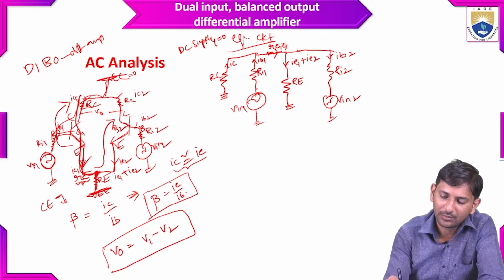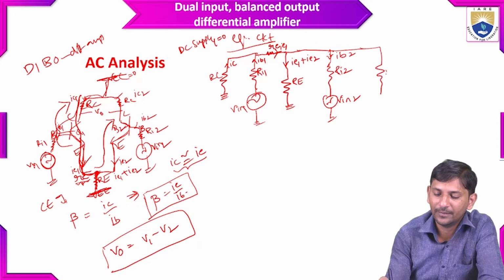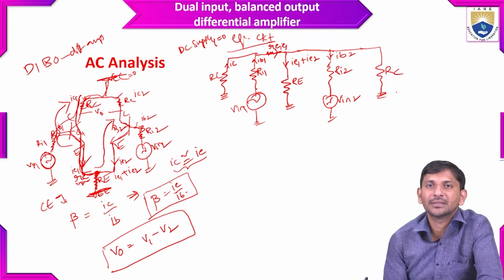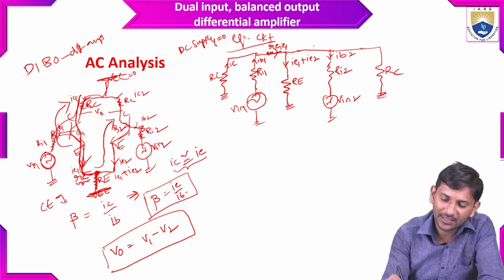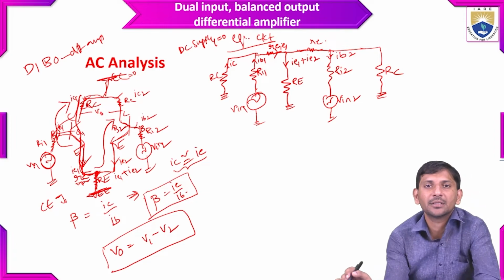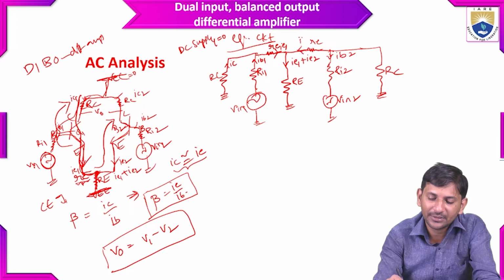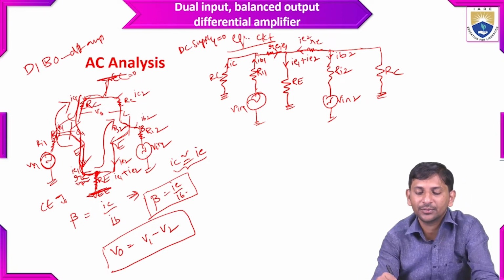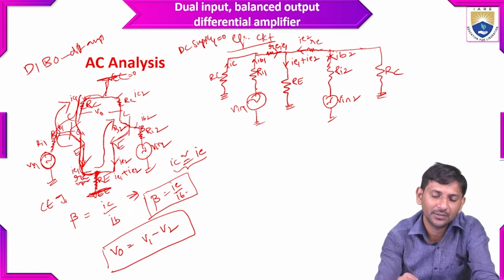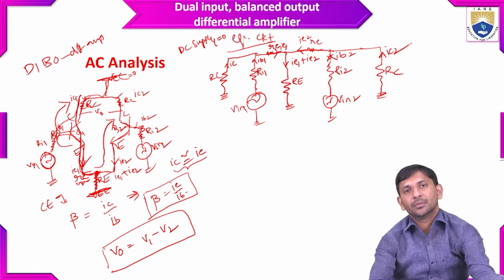Then it goes towards the collector pin, same as the collector pin, which is RC, and towards VCC it becomes ground because it's a DC supply. Now the internal resistance of the other emitter terminal of the Q2 transistor is RE, the dynamic resistance of the emitter pin, and the current across this dynamic resistance is IE2. Here it is IE1, and here IE2. So everything will become clear. Now the current across this collector pin is IC2.